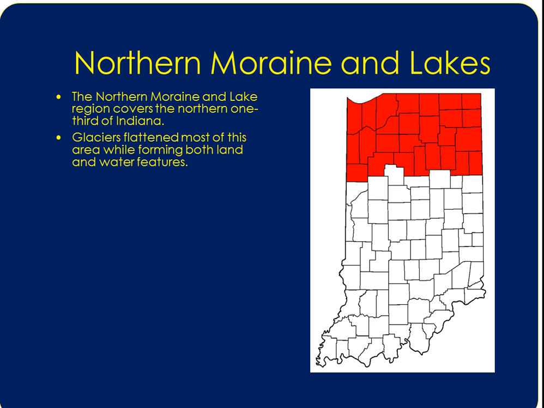The Northern Moraine and Lakes was formed because glaciers flattened most of this area, and it created both land and water features that make this a unique part of Indiana. The eastern half, which would be this part right here, has a lot of natural lakes and hills that were formed by this glacier movement during the Ice Age.